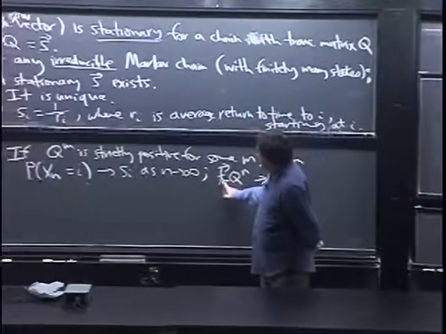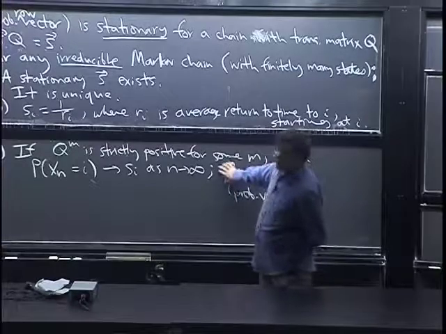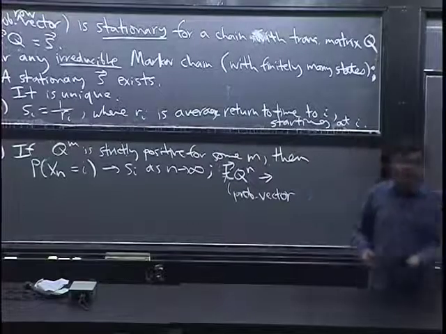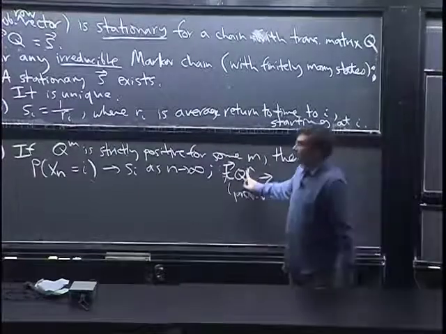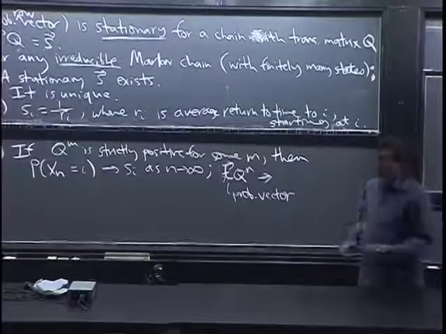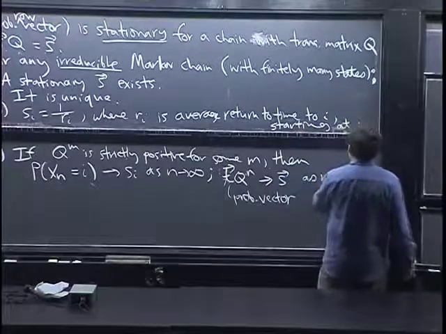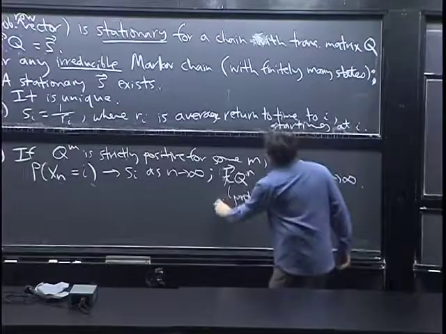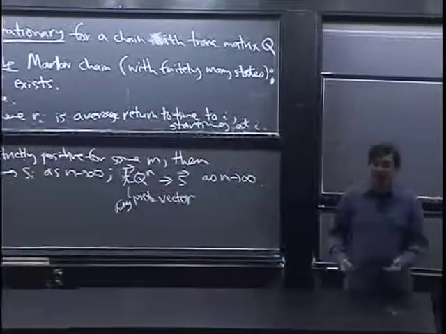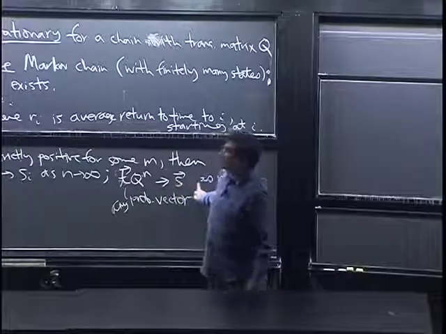This is our starting probability vector. Each time you multiply by Q, that's just going one step forward in time for the probabilities. This is saying go n steps forward in time, but that's going to converge to the stationary distribution, so this converges to S as n goes to infinity. So t could be any probability vector, because that's just saying you can start out the chain however you want, then let a long time elapse, and it converges to the stationary distribution.